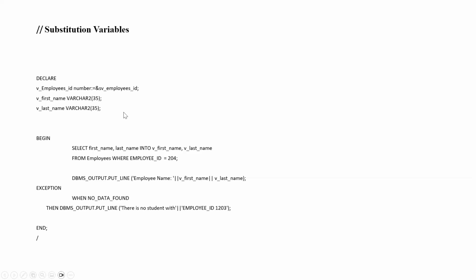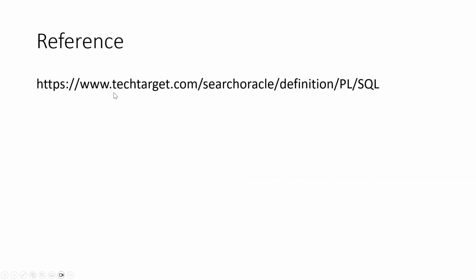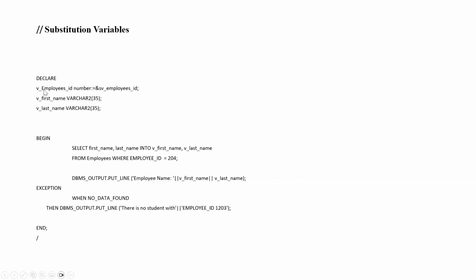So instead of writing 204, now you can directly write down the substitutional variable, and then we take whatever value the user enters and put it inside v_employee_id. So we can take this and replace it here. Again, it is the same program, but the only new thing here is that we are trying to take the value from the user. So now let's execute this and see how things work.